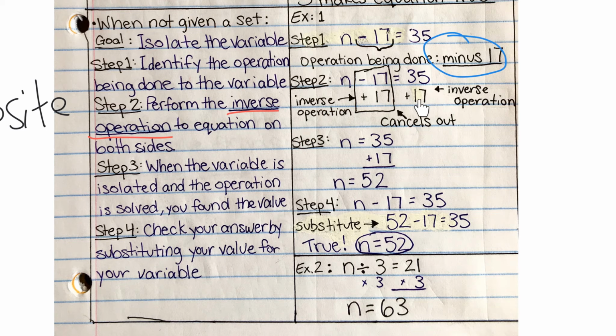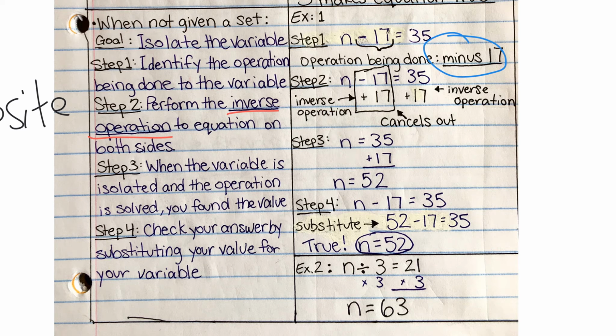35 plus 17, that's going to give us step 3. Step 3, when the variable is isolated and the operation is solved, you found the value. Here we got rid of the minus 17, which isolates the variable. Notice how it is by itself and nothing is near it, except the equal sign, but that's what we were trying to do, get it with the equal sign right next to it and no other operations.